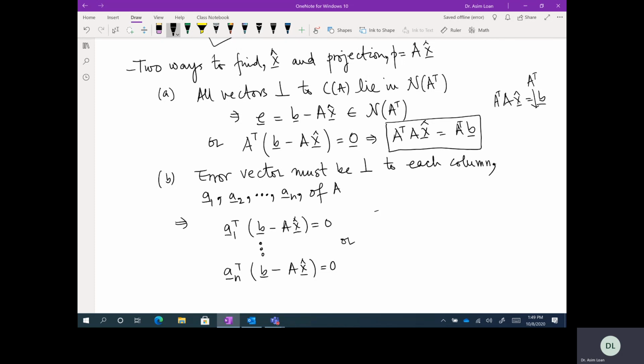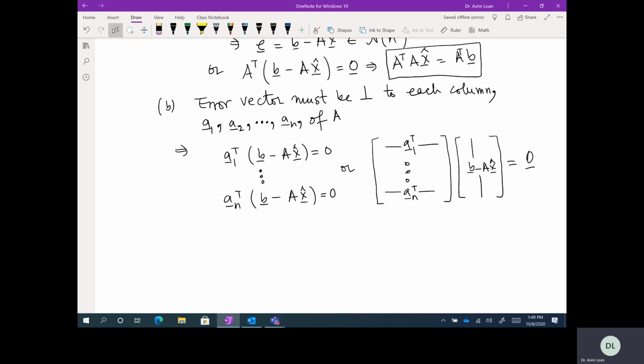Or if I combine them, I have A1 transpose up to AN transpose into B minus AX hat. This is the zero vector. So this simply means this is A transpose.